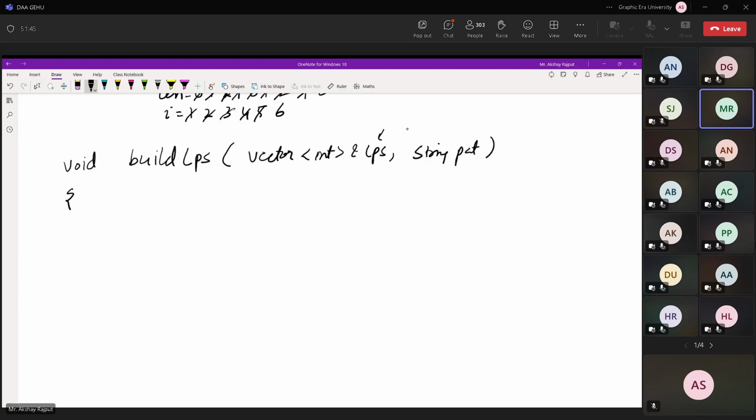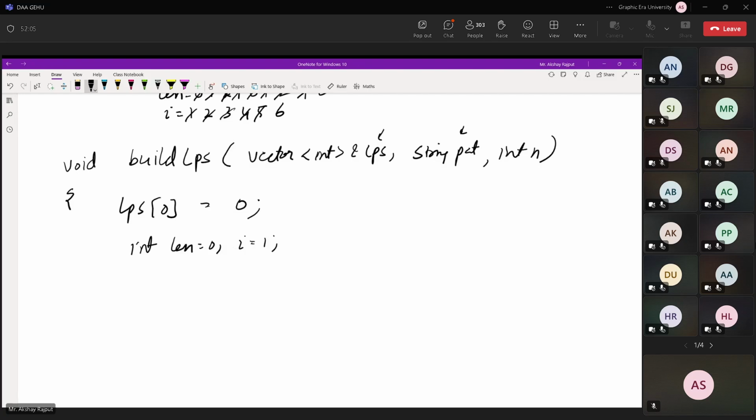I'm assuming that this and this length is equal, and we can pass that length as well. Okay, so LPS of 0 equals 0. First thing, int len equals 0, I equals 1, while I is less than n.